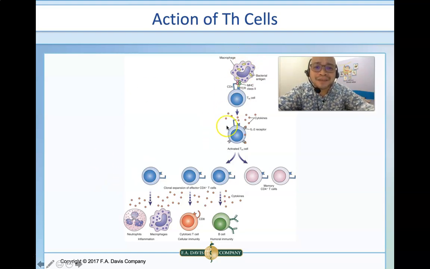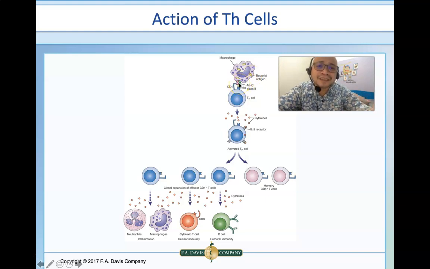So macrophages will now display through the MHC class 2. Remember, MHC class 1 is found in all nucleated cells. MHC class 2 is found in antigen presenting cells such as macrophages. So MHC class 2 displays the bacterial fragment.